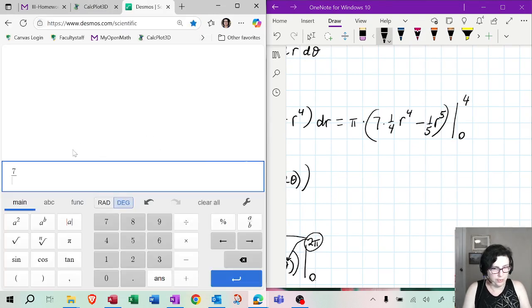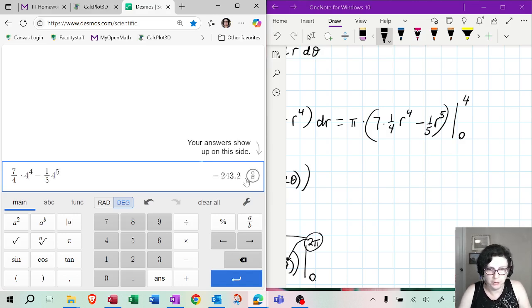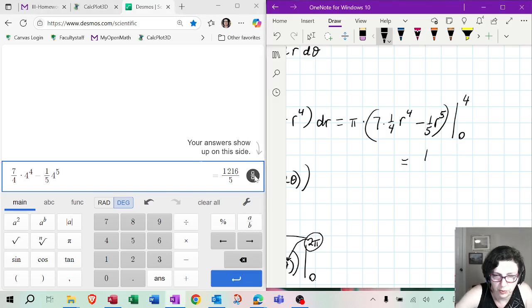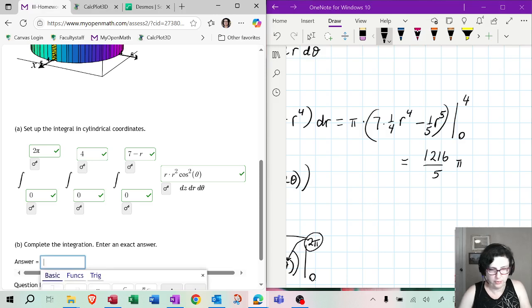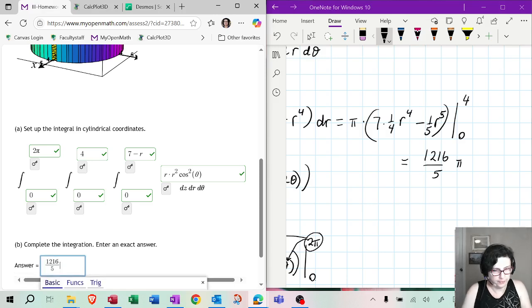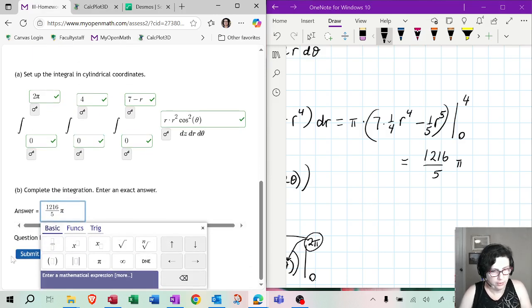So we got 7/4 times 4 to the 4th power minus 1/5 times 4 to the 5th power. Okay, it's going to be some ugly fraction, but that's okay. So we got 1216 over 5 pi is what I got here. So let's see if that's correct. All right.